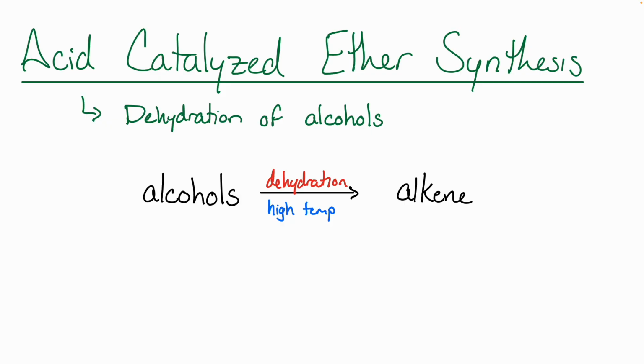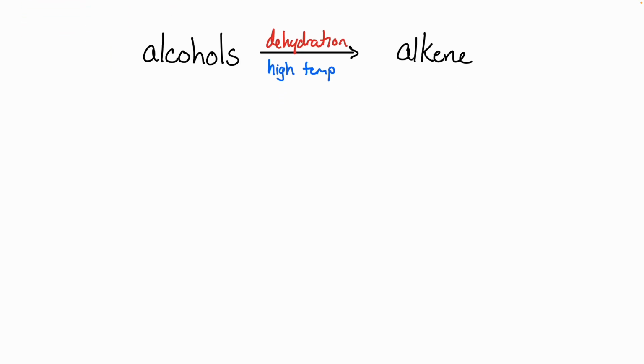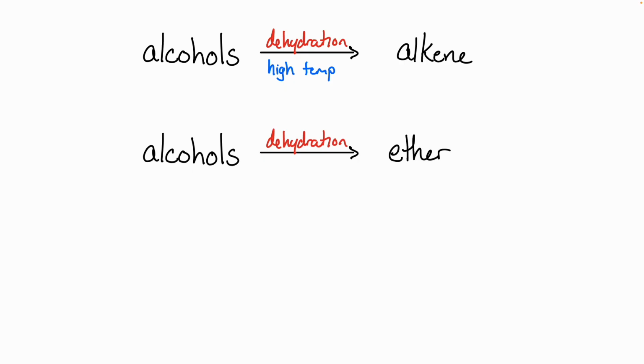All right, we're going to see a very similar reaction here where we can dehydrate our alcohol to our ether. And again, these are going to be in competition with one another, meaning you'll always have a little of both going on at the same time.